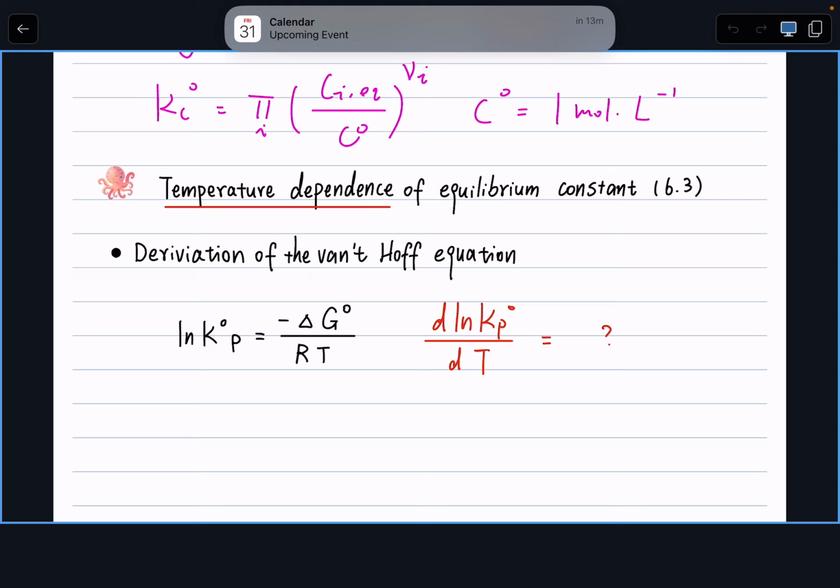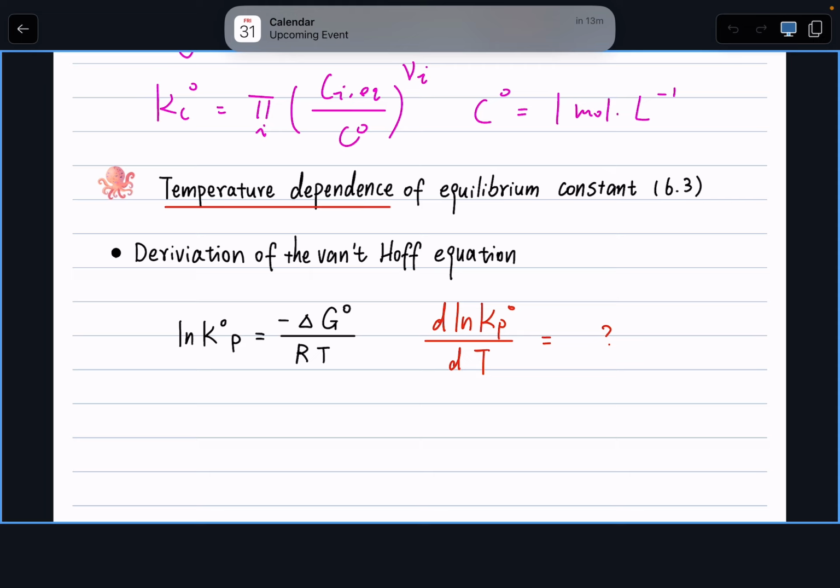All right. And we can further simplify this to be delta G naught over RT squared plus, because my minus and minus cancel out, R T delta S naught. So if I take my RT squared out to be 1 over RT squared, delta G naught plus T delta S naught. And what is my delta G naught plus T delta S naught?